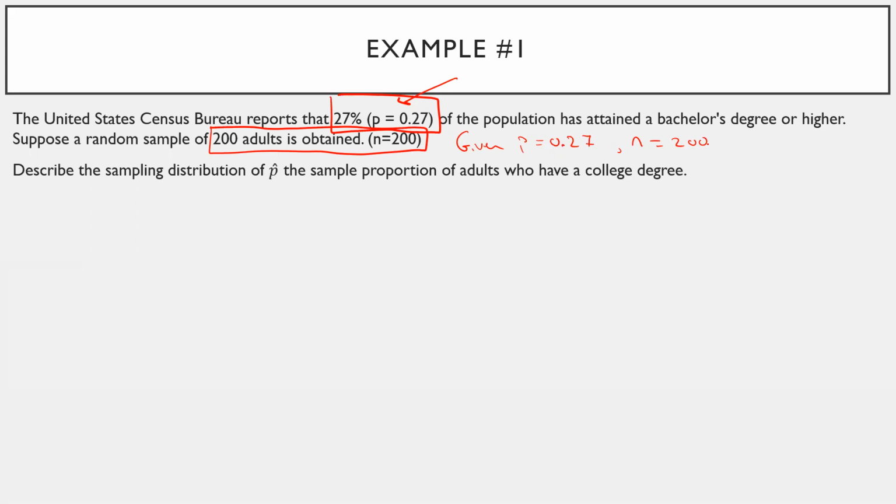The first thing says, describe the sampling distribution of P hat, the sample proportion of adults who have a college degree. First off, what is P hat? P hat is the sample proportion of adults in a sample of 200 who have a college degree.